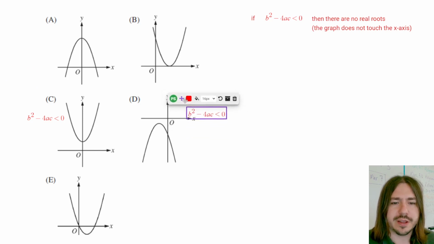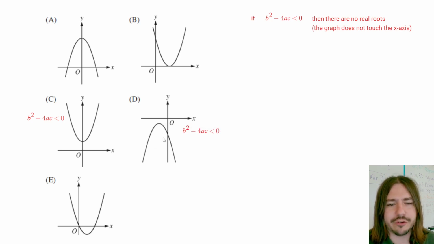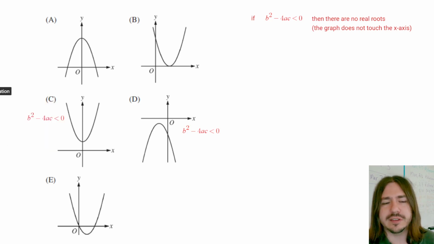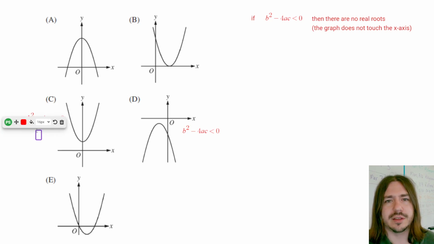When that discriminant is negative, you have no real zeros, so the graph doesn't actually touch the x-axis. Now, if you're trying to distinguish between these two graphs, notice that C is opening up and D is opening down. So you would need a separate piece of information to tell which one is which.